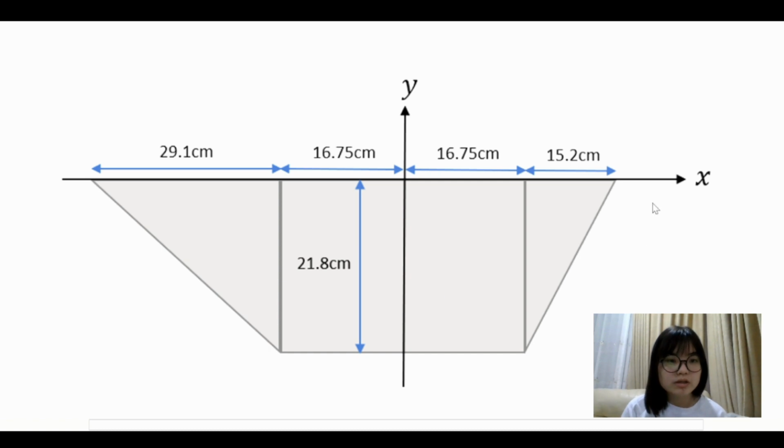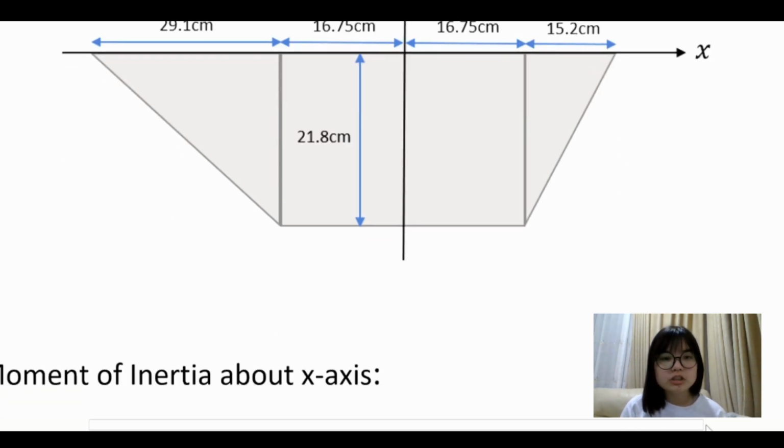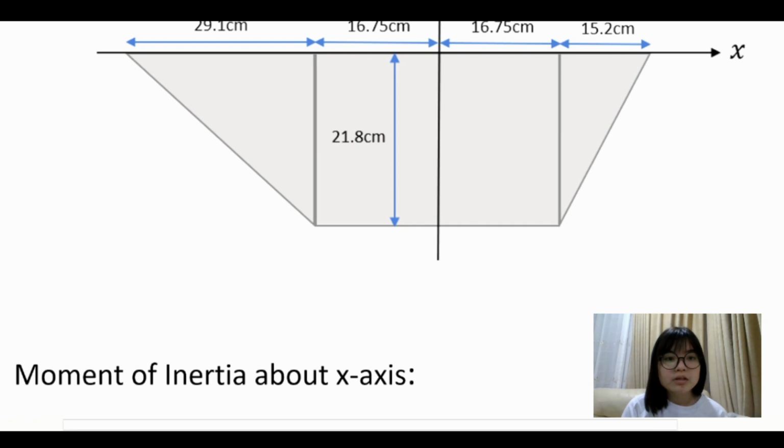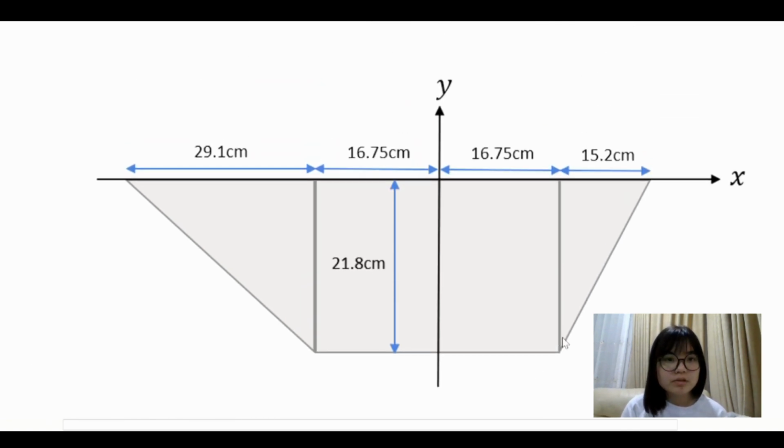And now we want to calculate the moment of inertia about the x-axis, which means that we want to calculate the moment of inertia with respect to x. So now we split it into three components here. First is a triangle, second is a rectangle, and finally there's another triangle here.